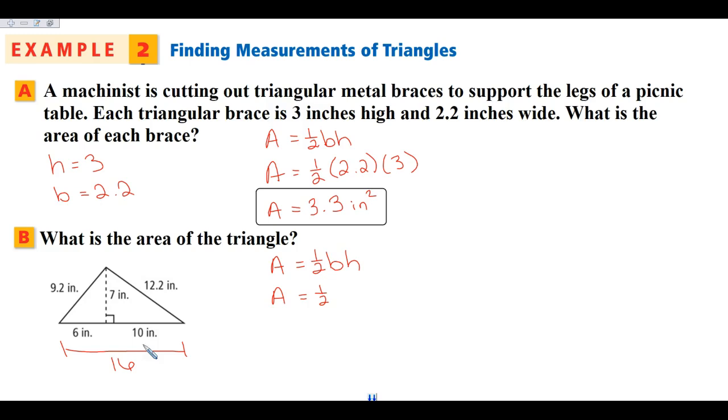You could do 1/2 times 6 times 7, and 1/2 times 10 times 7, and then add them together, but just use the one big triangle, where you're just doing 1/2 base times height. So my base is 16, and my height is 7. So 1/2 of 16 is 8, and 8 times 7 is 56. So it is 56 inches squared.